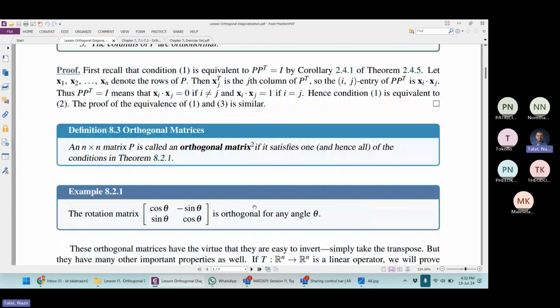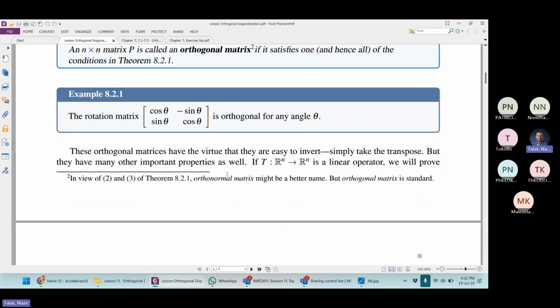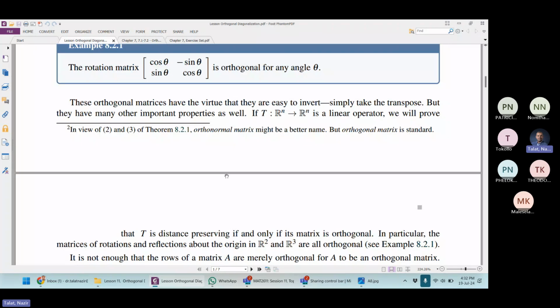And here we can see that an n cross n matrix P is called an orthogonal matrix if it satisfies one of the conditions of the above theorem. One can see that we saw before, this is an orthogonal matrix, because cos square plus sin square is equal to 1 for any value of angle theta.